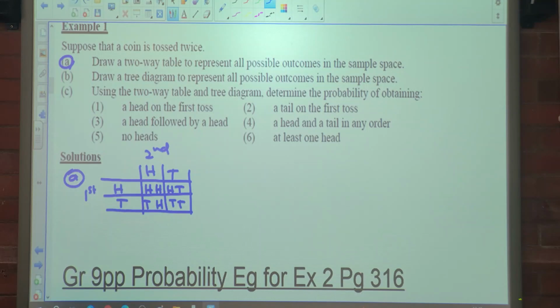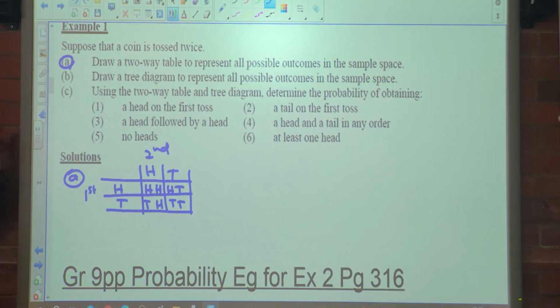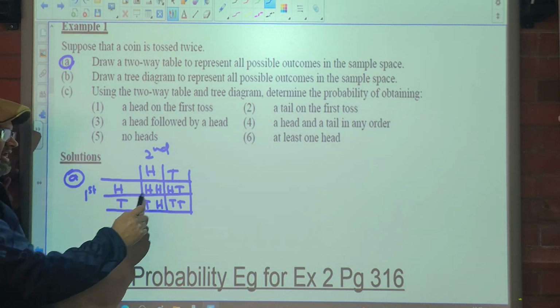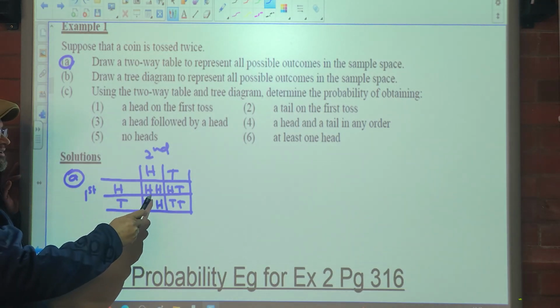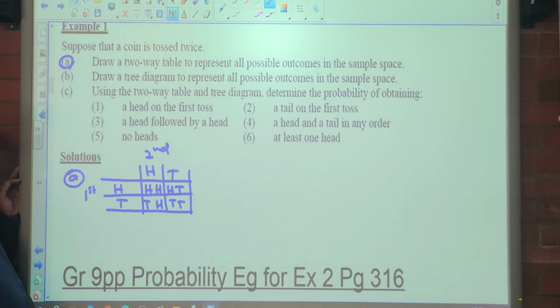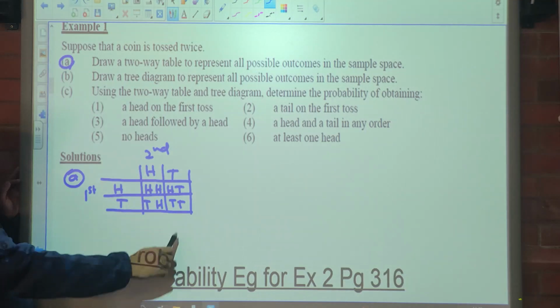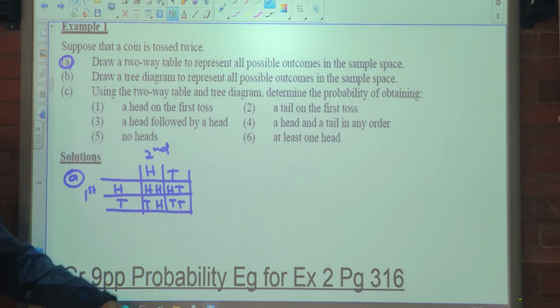People, you guys understand? So how many outcomes are there? There are 4 outcomes. What's the chance of us landing on a heads? 1 out of 4. What's the chance of getting a heads and a tails or a tails and a heads? 2 out of 4. And this is a 2-way table. One way is the first event, second way is the second event. You guys understand?